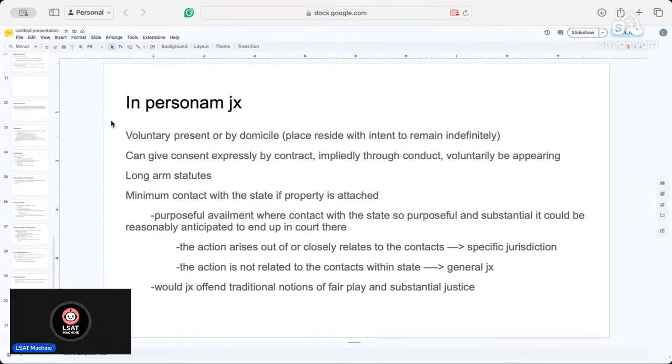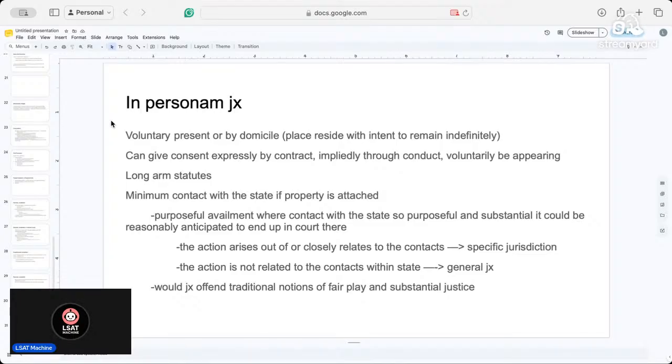You could also be pulled in and have in personam jurisdiction exercised if there's a long arm statute that can grab you from whatever state you are in. And long arm statutes typically govern harms that occur within the state or affect the citizens of the state. The state has an interest in making sure you come back to their state.